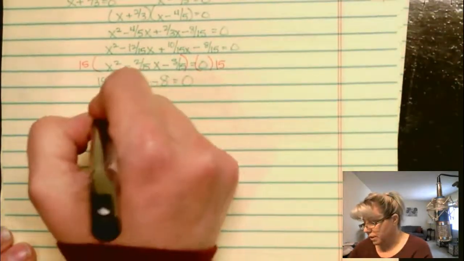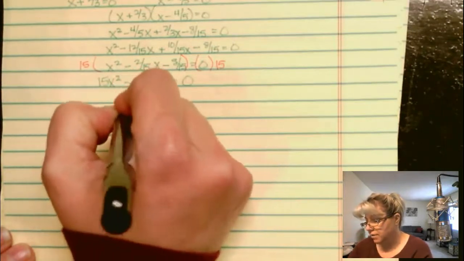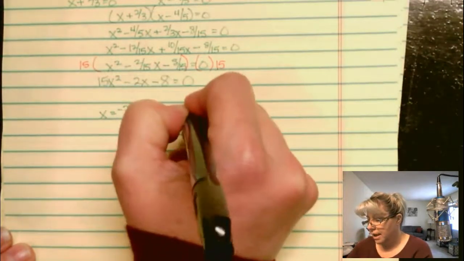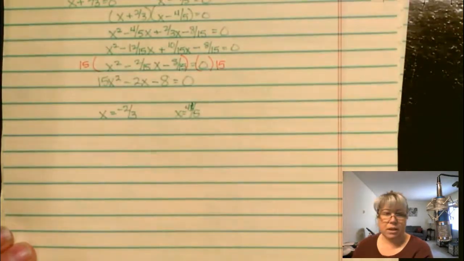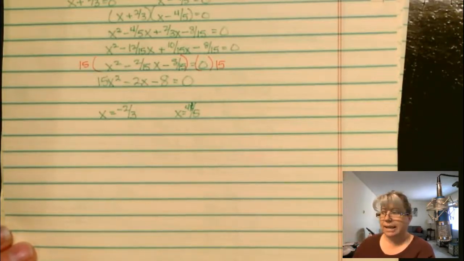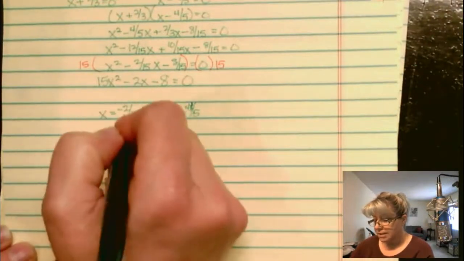Second way of finding the equation given the solutions of negative 2/3 and 4/5. What I'm going to do is kind of jump the gun and try to get rid of the fractions early. So the first one, I'm going to multiply both sides by 3.